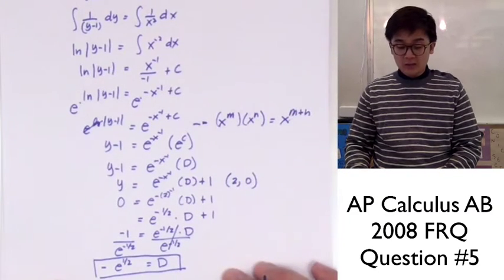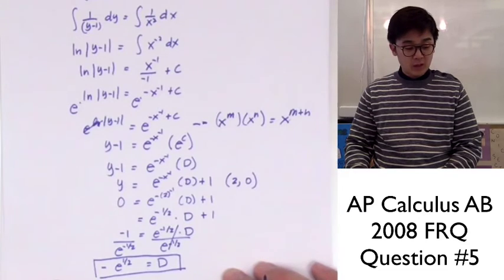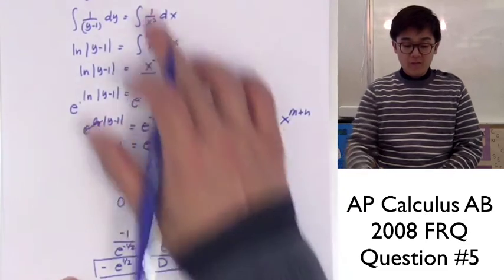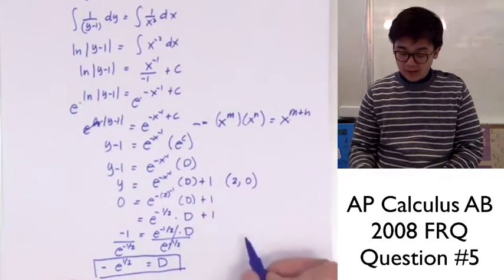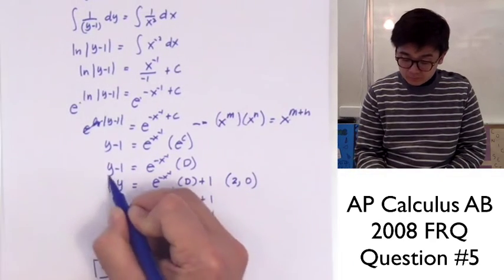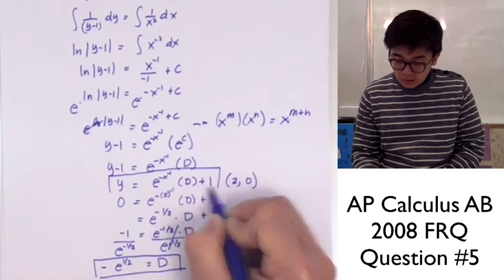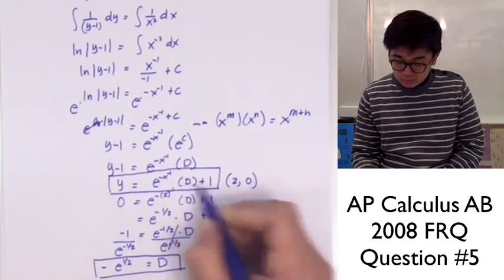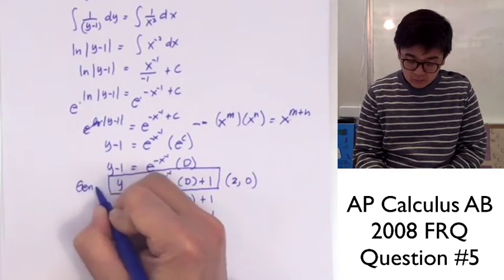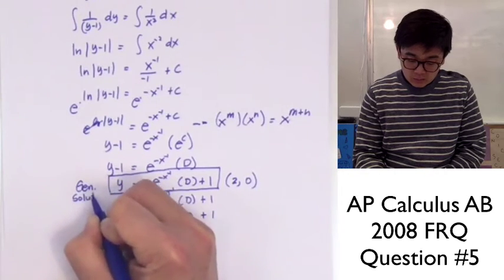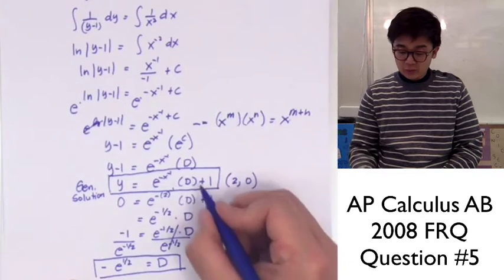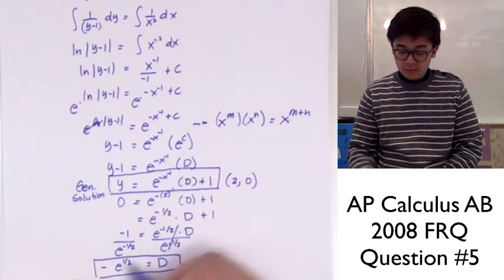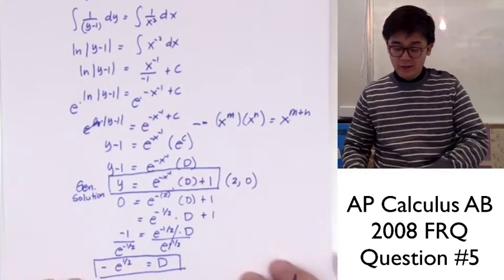Now that we have the constant d, we can solve for the function f of x by rewriting our equation. To find y equals f of x, all we need to do is replace d by negative e to the 1/2.